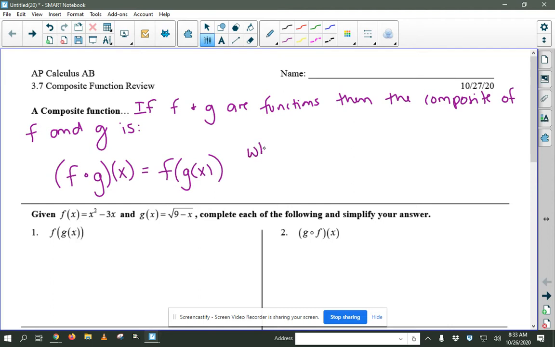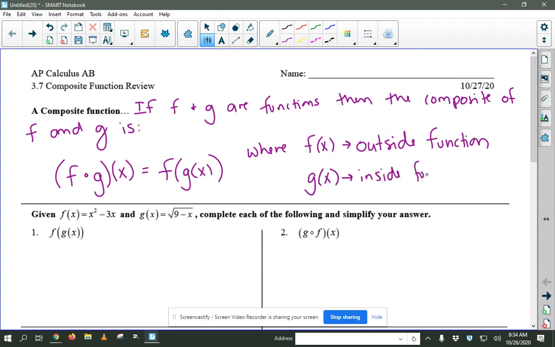And then in this particular case, f of x is the outside function, and g of x is inside of f of x. So we call g of x the inside function.